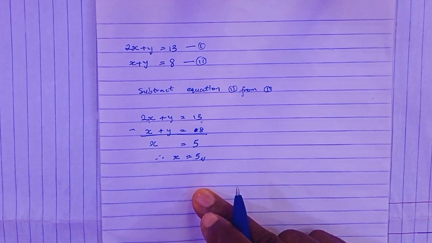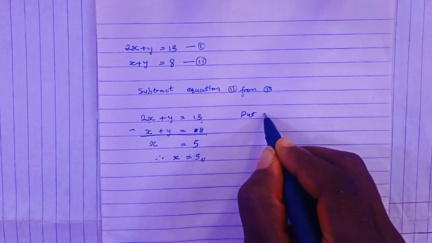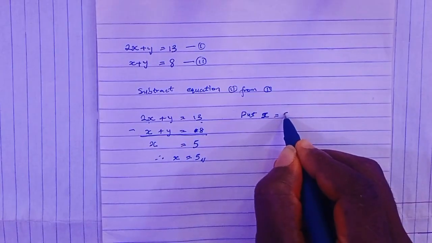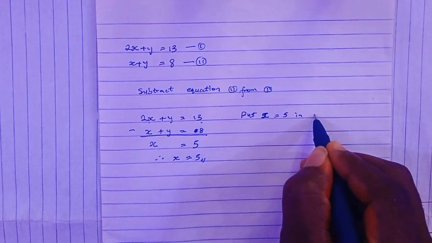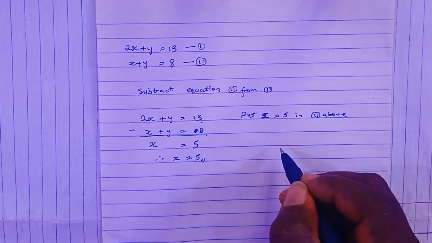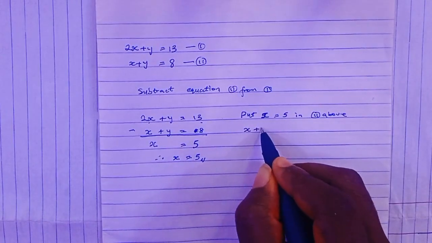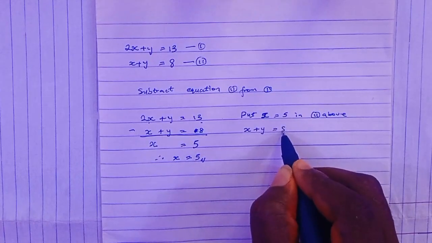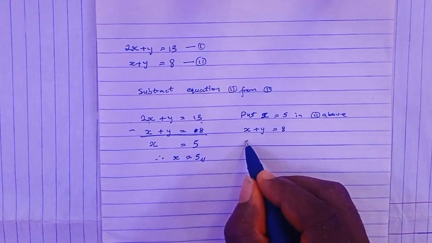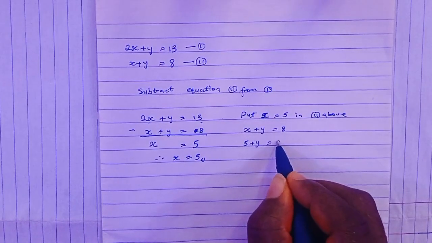So we will simply say, put x equals 5 in equation 2 above. So our equation 2 still remains x plus y equals 8. So let's substitute x as 5. We have 5 plus y equals 8.